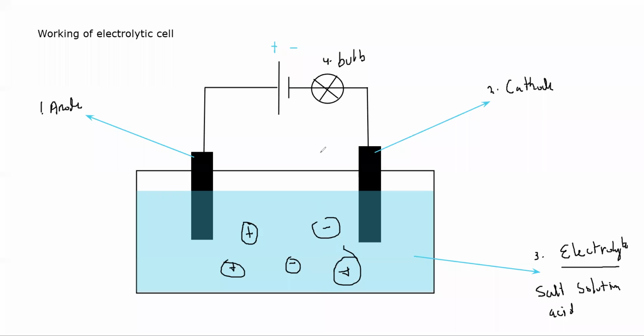Now the working of the electrolytic cell, basically how this electrolytic cell works. First, electrons are negative charges.